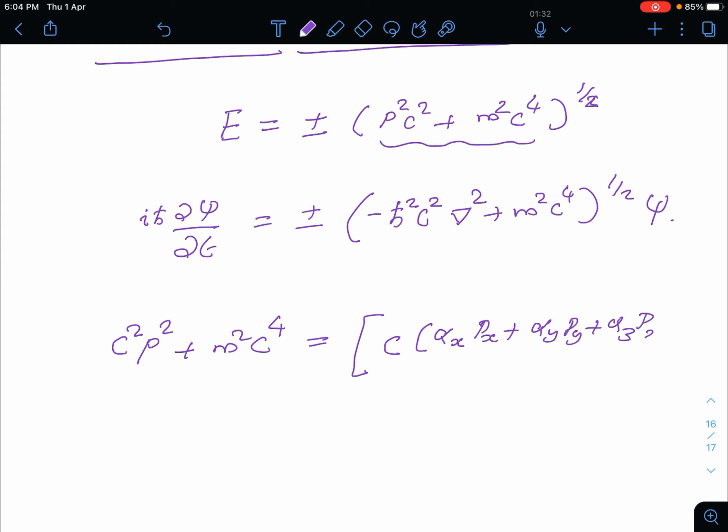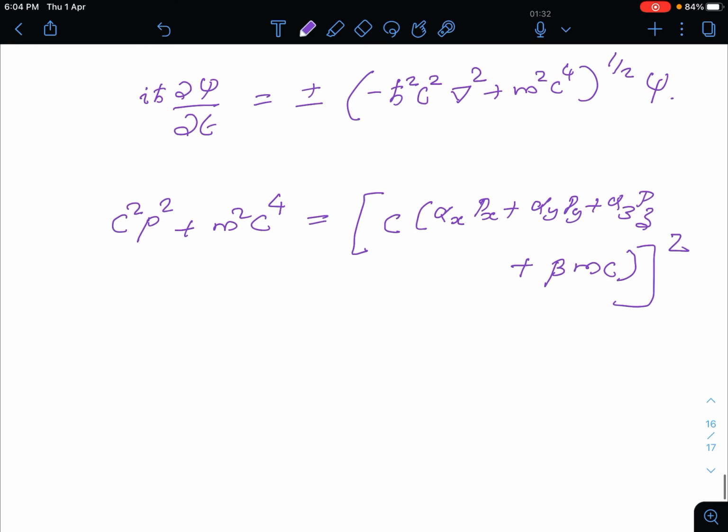Then the root of this will be just the thing inside the square bracket. So this is what he has devised, and we don't know what alpha, beta and all are. We don't know that, but we will find out.